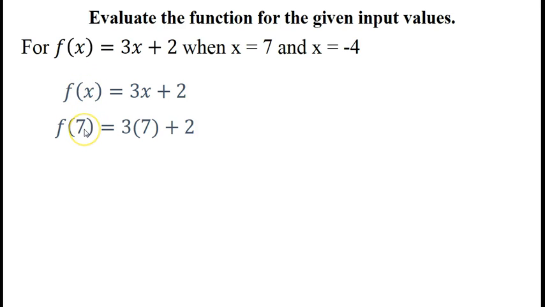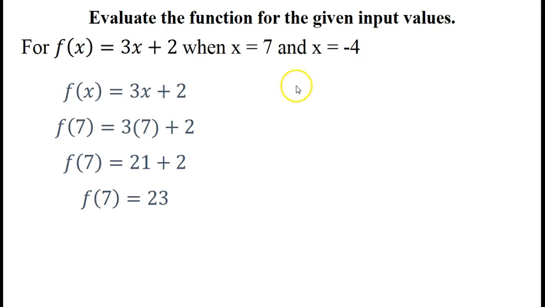So f of 7 now, not f of x. This says f of 7 is equal to 3 times 7, because I replaced my x with a 7, plus 2. And now I'm going to simplify. Now I have f of 7 is equal to 21 plus 2. f of 7 is equal to 23. So that's saying that when I put a 7 into my function, I came out with 23. That's why it's important that we write our 7 here.